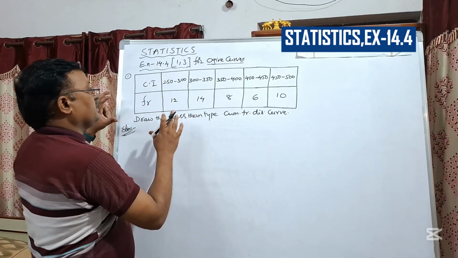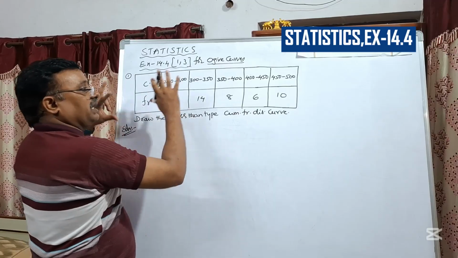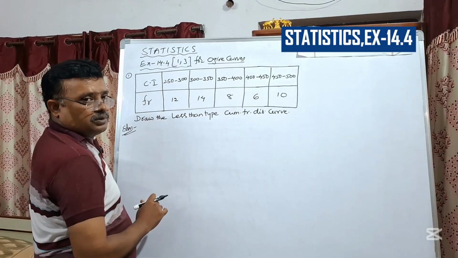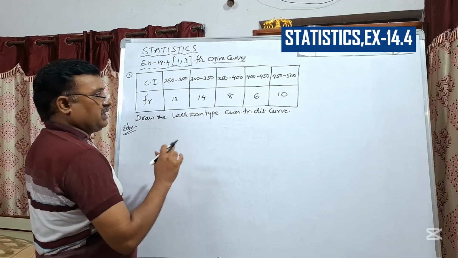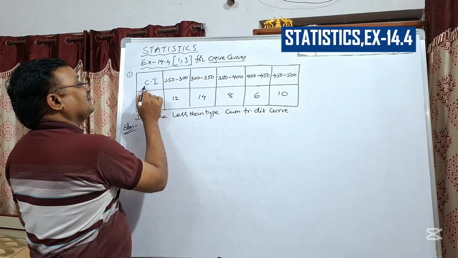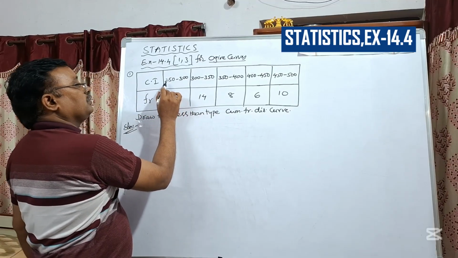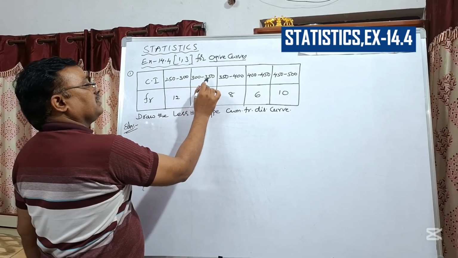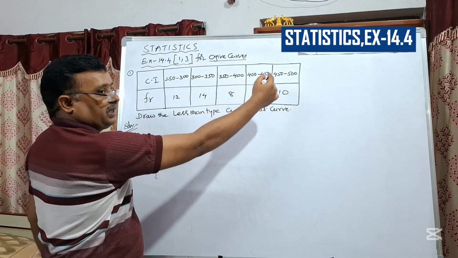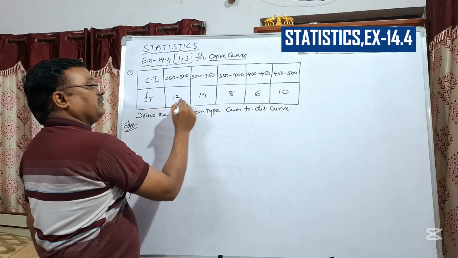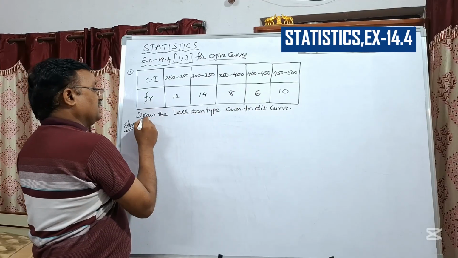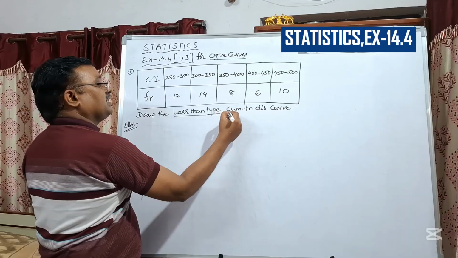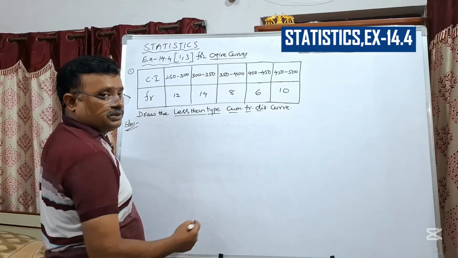Okay, so the first question has some data with a cumulative frequency distribution table. The class intervals they have given are from 250 to 300, 300 to 350, 350 to 400 and like that, and their frequencies like this, and they are asking to draw the less than type cumulative frequency distribution curve.